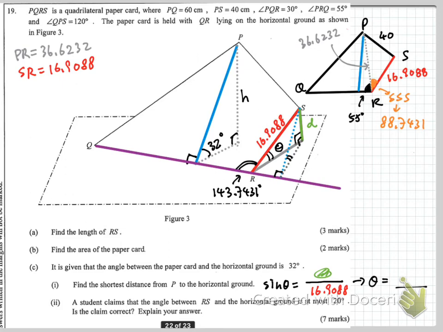The blue line here is parallel to the original blue line. These two blue lines have different lengths, but they are parallel, so the angle between the blue and the gray is always 32. Now, if you can find the blue line, then you can find the length of D. With D, you can find theta.